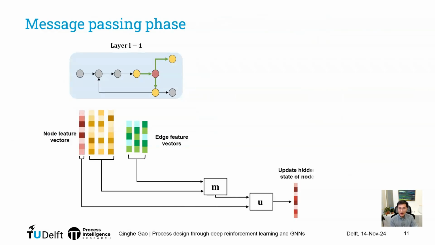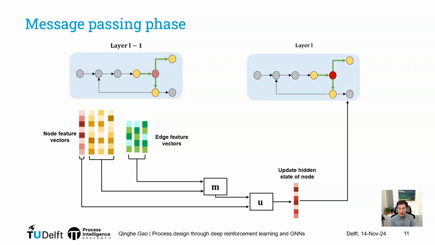Then we can combine this message vector with our original central node feature vector to get an updated hidden state for the node. Importantly, this process operates on each node within one layer, and the graph neural network contains multiple layers. In the end, each node could potentially get information from the far neighbors.